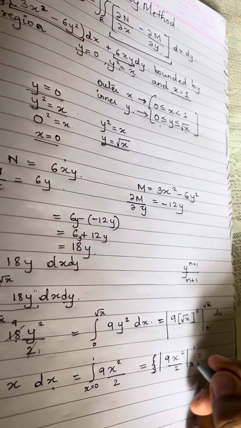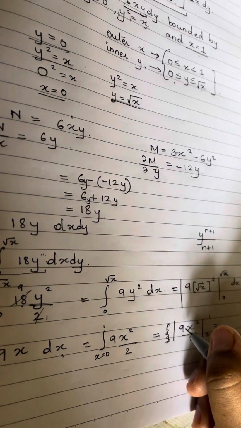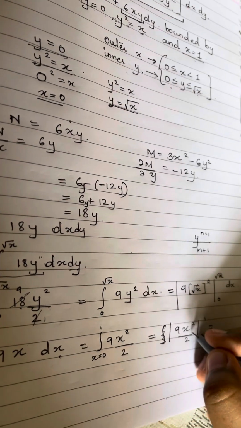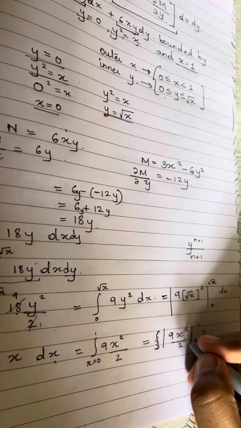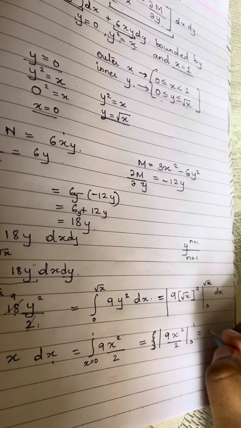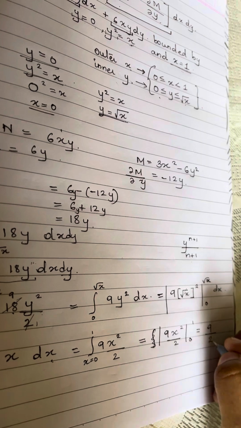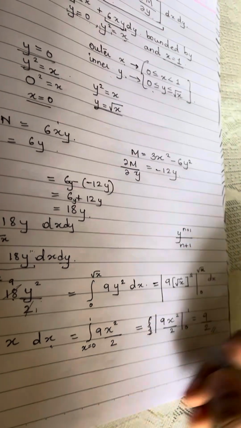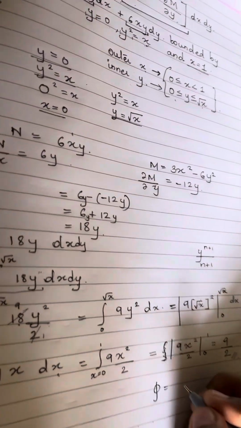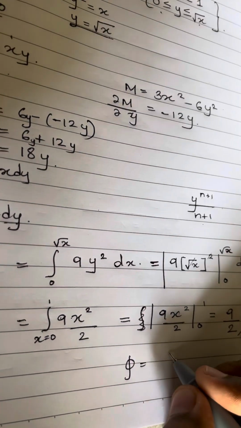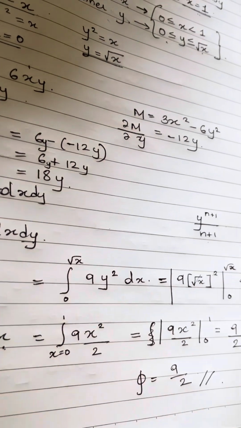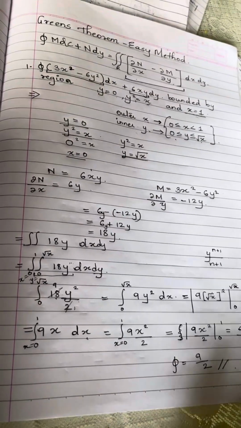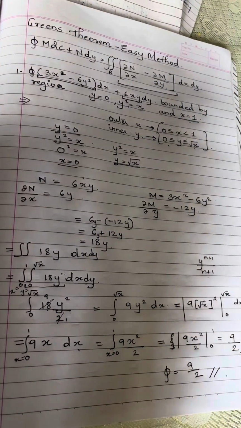Then when you put 1 in place of x, 1 1 is 1, so only 9 will remain, and this will remain 2. So the final answer which you will get is 9 by 2. Okay, that's it. This is very simple. I've done it in a very simple way.